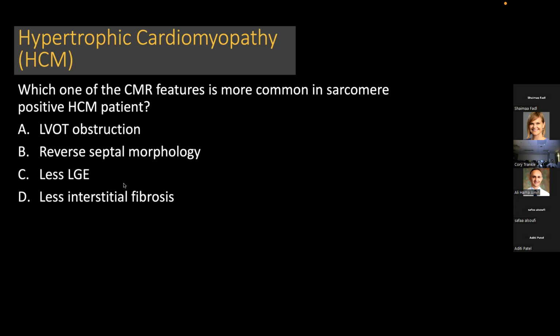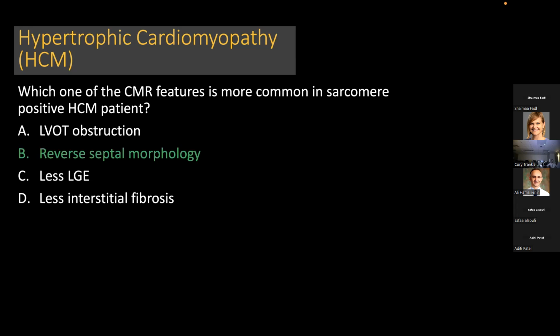And let's see the answer. Some of you thought that it's LVOT obstruction, but in patients with sarcomere positive genes, the most common feature that you can encounter is reverse septal morphology. We will describe some of the differences between sarcomere positive patients versus sarcomere gene negative patients.